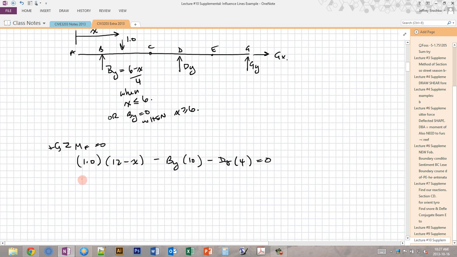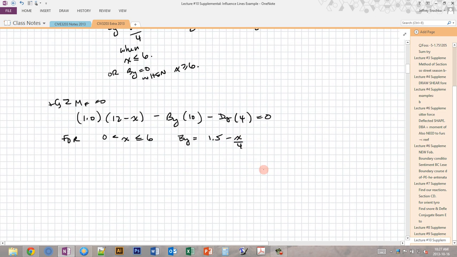And now we have to look at two cases for this. So again, the distance between the unit load and dy is this 12 minus x, and the rest is self-explanatory. So we have to look at two different cases, because we have two different cases for By. The first is when x is less than 6, and By is equal to 1.5 minus x over 4.